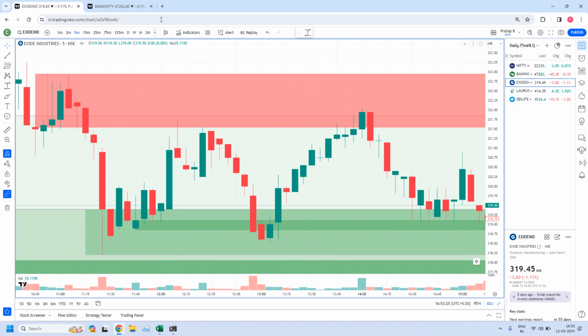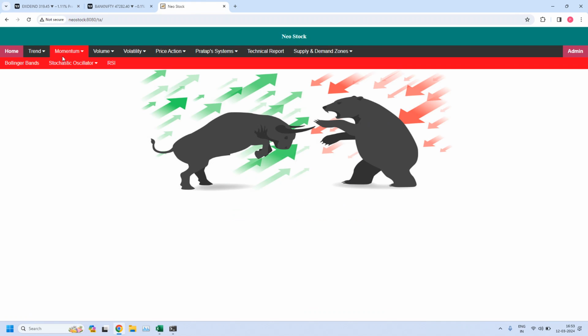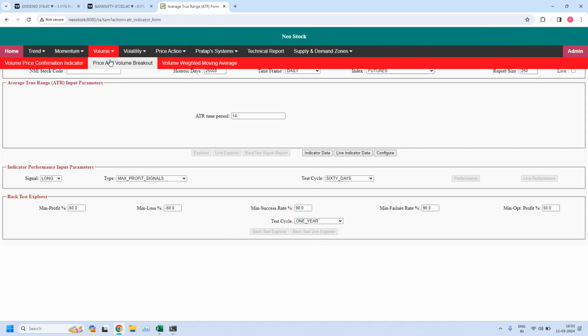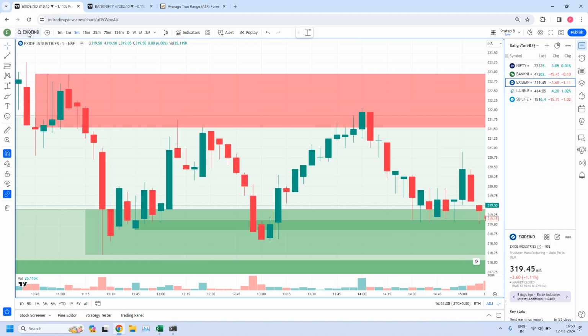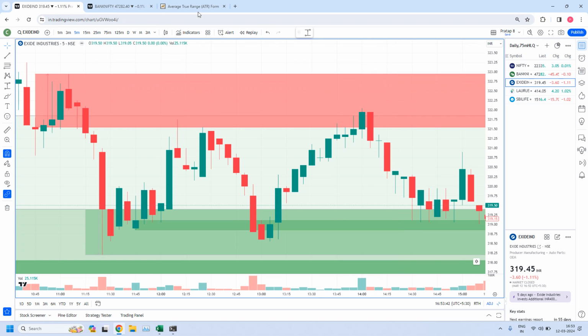So what is the ATR value? Let me show you. Here we have an ATR indicator, and the name of this stock is Exide Industries. Let me copy the stock code.